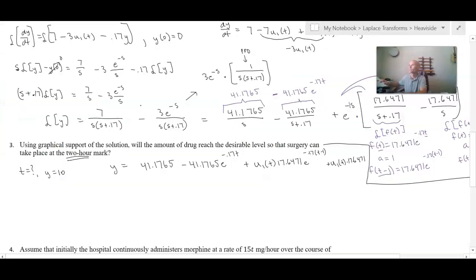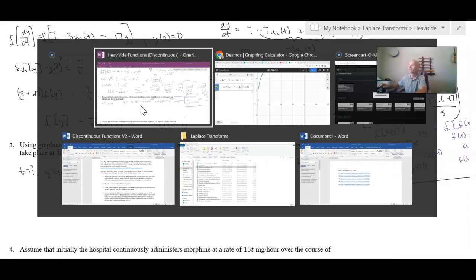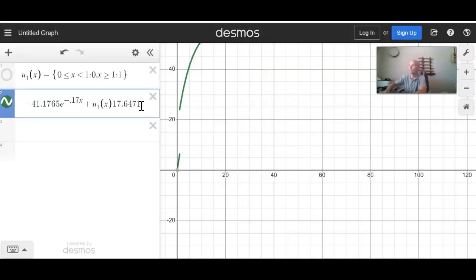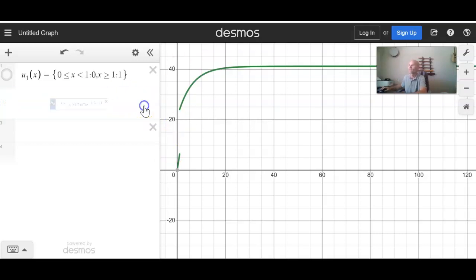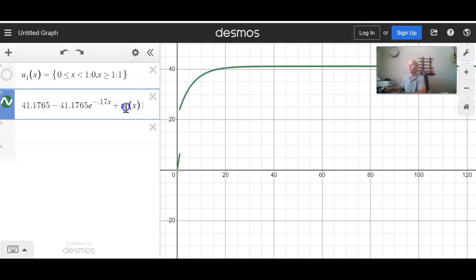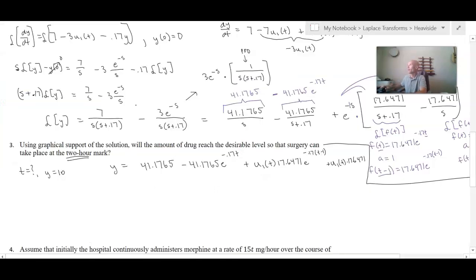17.6471 times e to the negative 0.17 parenthesis x minus 1. Okay, it's not quite complete, but you can see we're getting this broken looking graph here. Now, we had a minus sign, so this is going to be a minus.